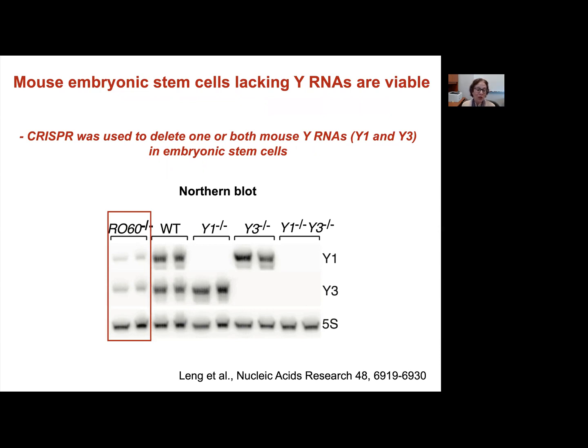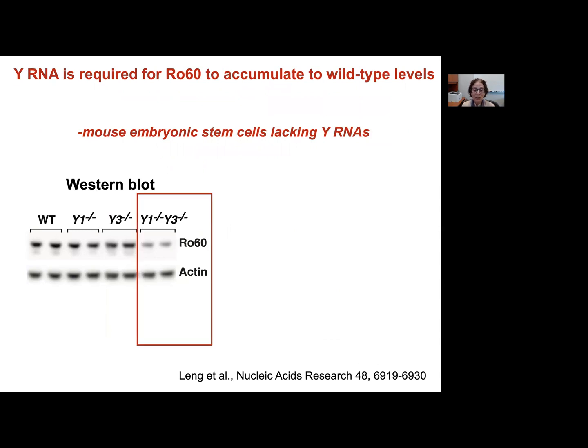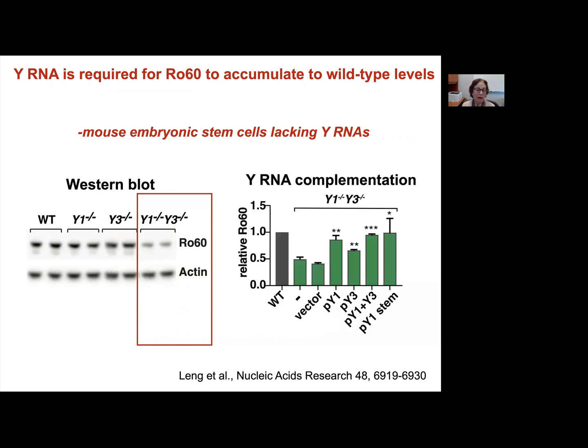Yuan also found that just as Y-RNAs are reduced in cells lacking Rho60, Rho60 levels are reduced in cells lacking all Y-RNAs. She showed that she could complement the defect by expressing one or both Y-RNAs in the knockout cells. This is a graph. Rho60 is down by about 50% in the knockout cells, but increases when either Y1 or Y3 is expressed on plasmids.